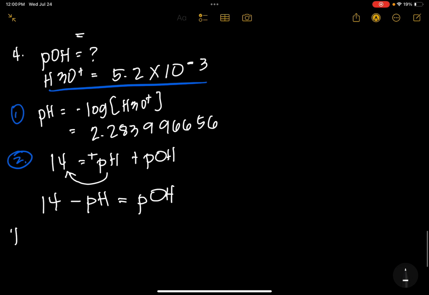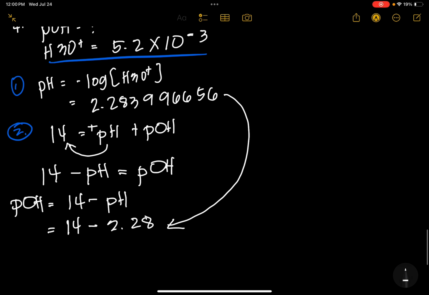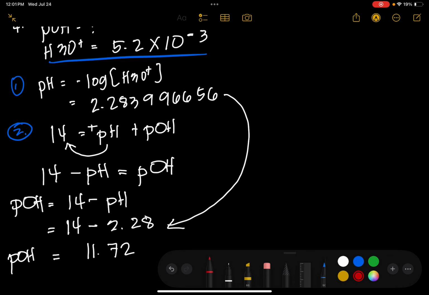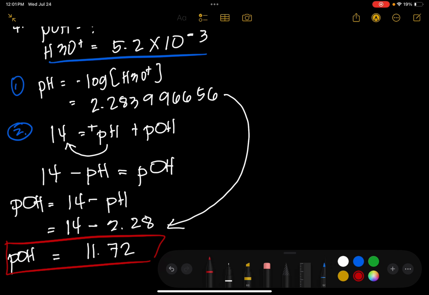Or, tsakto nga pag-write, ang formula is 14 minus pH. So, transposition, 14 minus 2.28. Answer would be pOH is 11.72. So, that is your formula, or that is your answer.